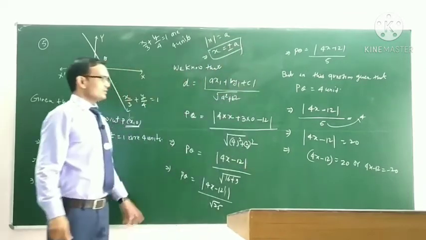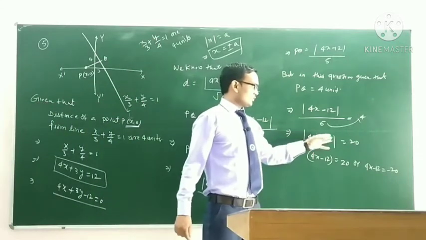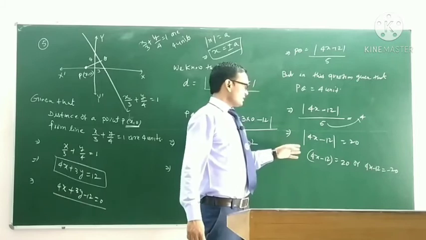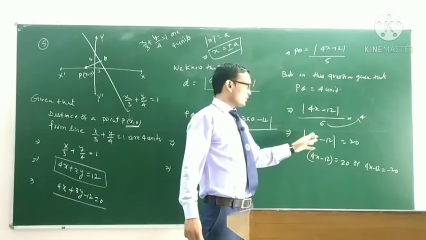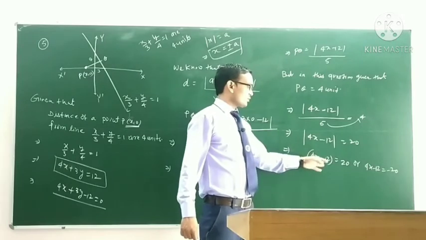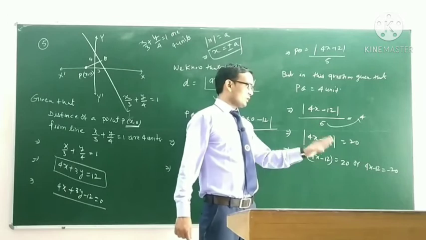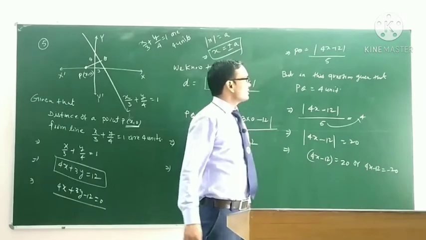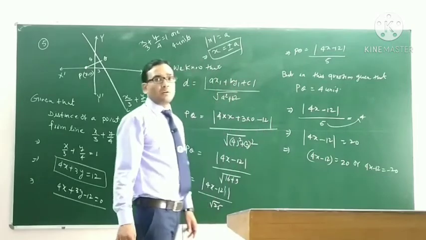Using this formula, for mod of 4x minus 12 equal to 20, we remove the mod, then 4x minus 12 is equal to 20 or 4x minus 12 is equal to minus 20. Okay, students, solve these two equations and find the value of x.